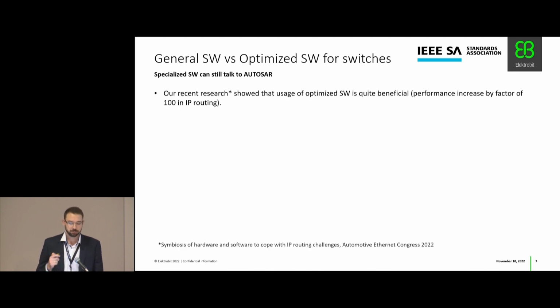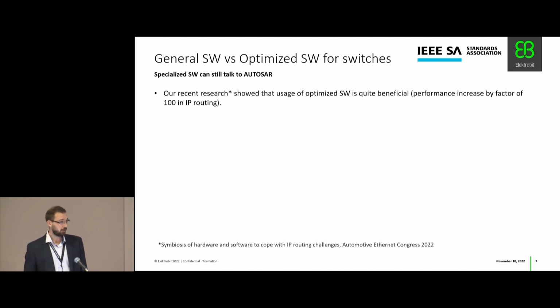In our recent research together with Renesas, we presented results at the Automotive Ethernet Congress. We showed that using the optimized software is quite beneficial in terms of performance. Performance increased by a factor of 100, it's something significant, I would say.